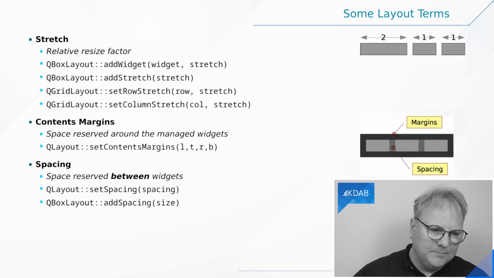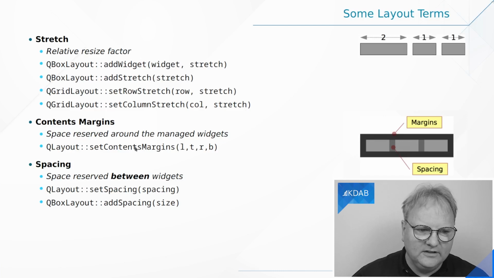So when you have the layout manager, you can add the stretching for each of the items in the layout manager, but outside of the layout manager, on the left, the right, the top and the bottom, you actually can specify what amount of pixels should be in each of those. And you do that using, as you can see here, a method called setContentsMargins, left, top, right, bottom.